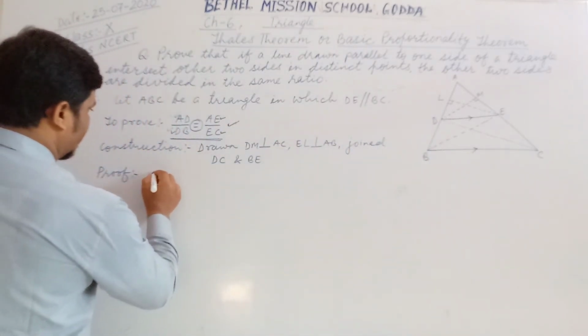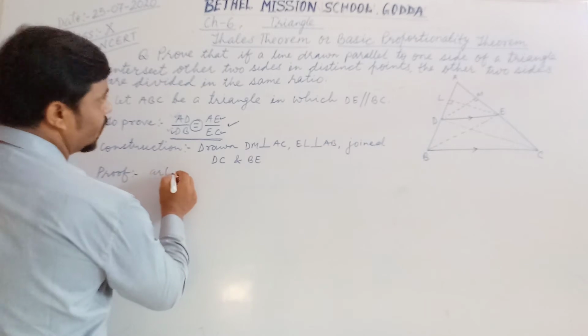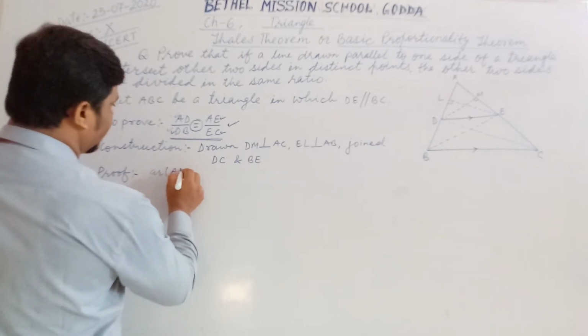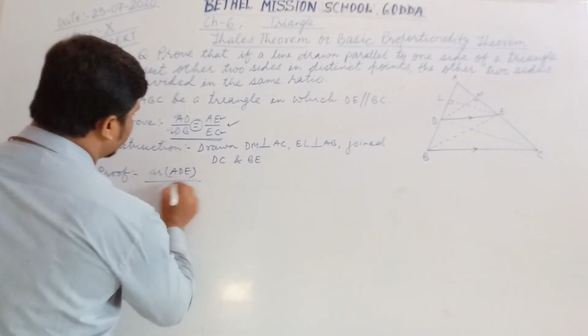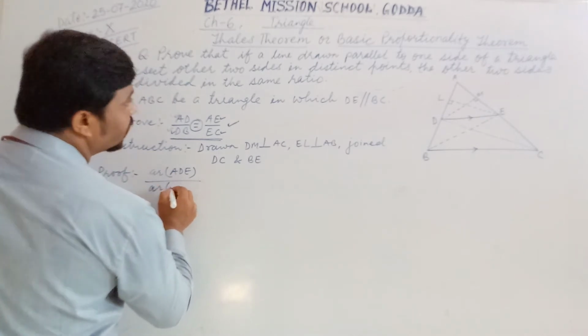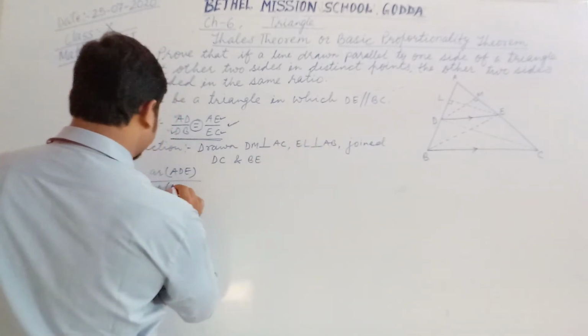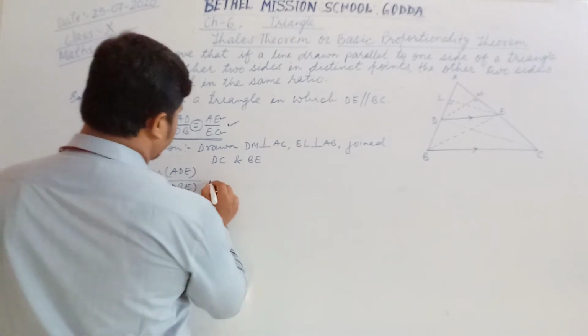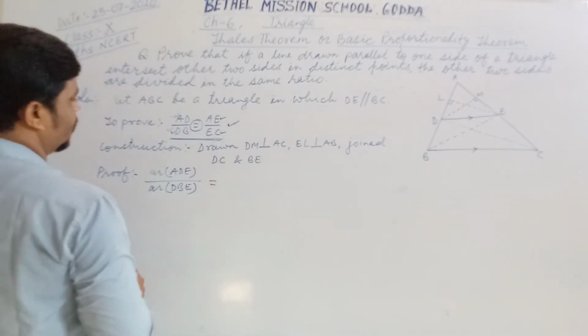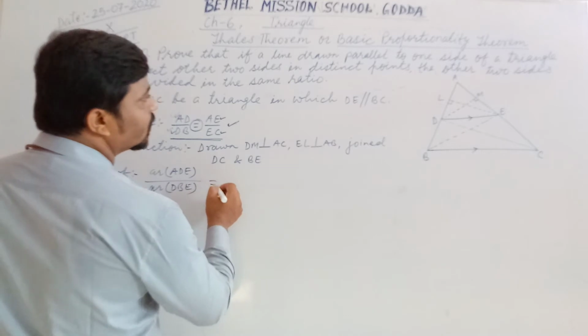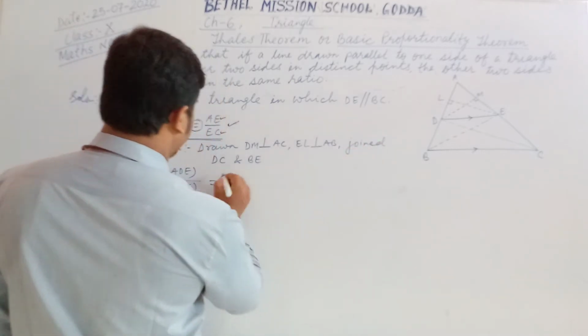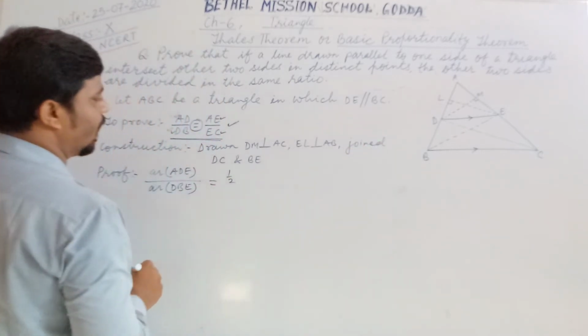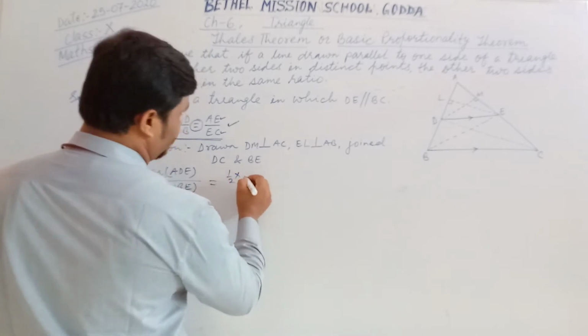So area of triangle ADE by area of triangle DBE. What will be the ratio of the areas of these two triangles? You know the formula, half into base into height.